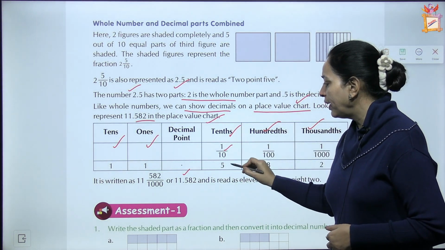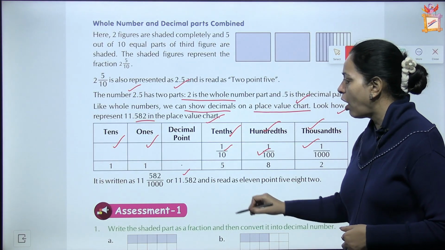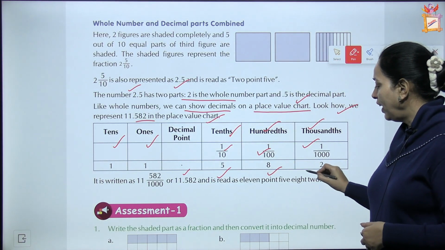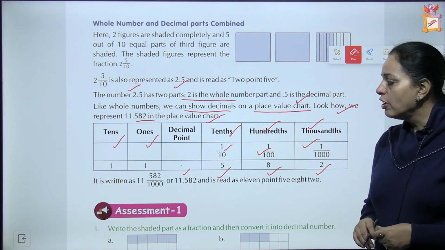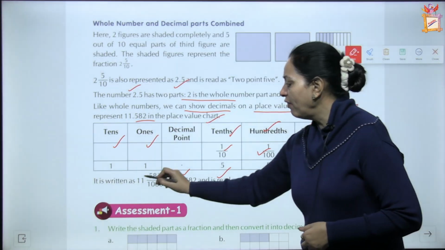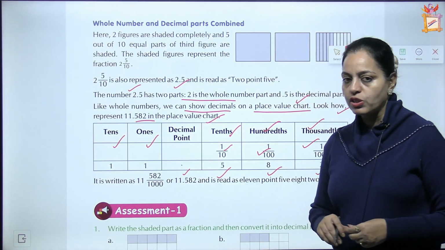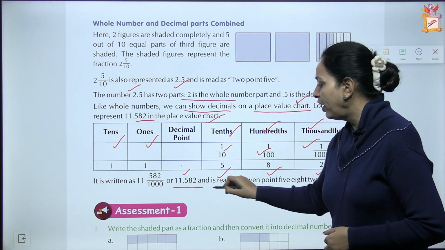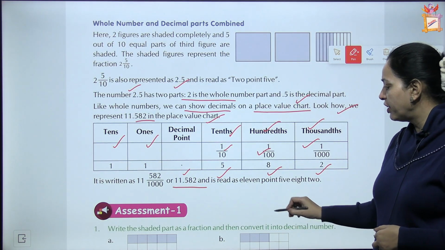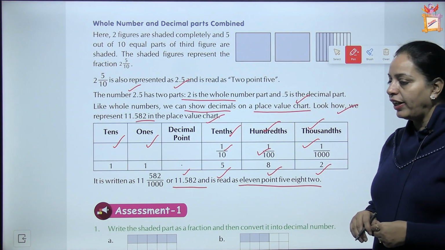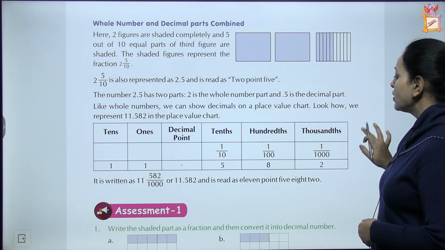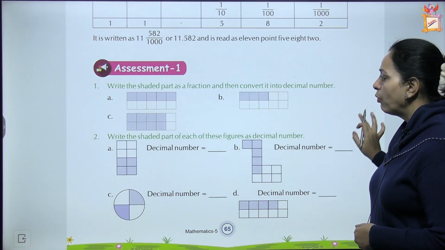So 1 by 10, 1 by 100, 1 by 1000. This is 5, 8, 2, right? So it is written as 11 whole 582 upon 1000 or 11.582. How can we read it? 11.582.